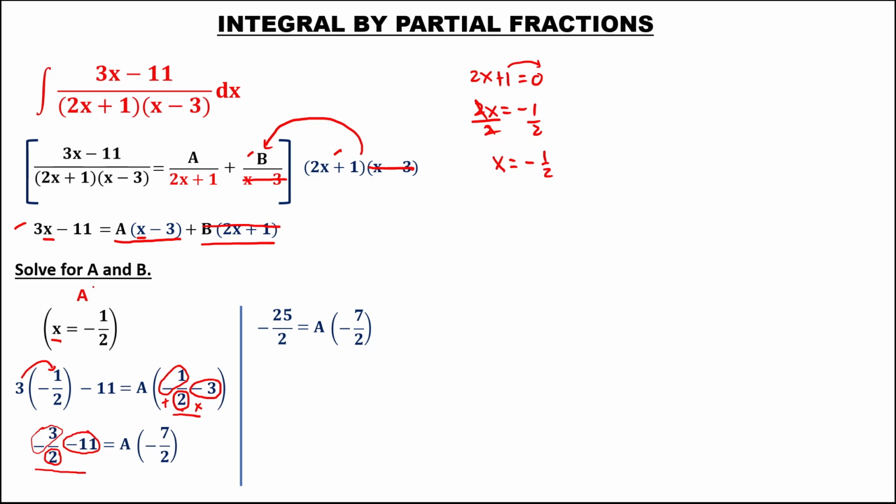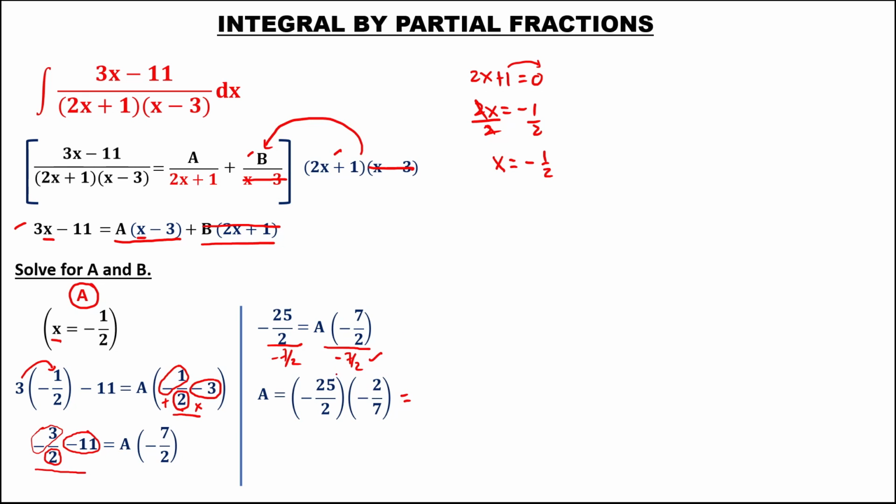Then again, since we need to solve for the value of A, just divide both sides by negative 7 over 2. So A now equals negative 25 over 2 times the reciprocal, or the inverse, of negative 7 over 2. So this becomes negative 2 over 7.